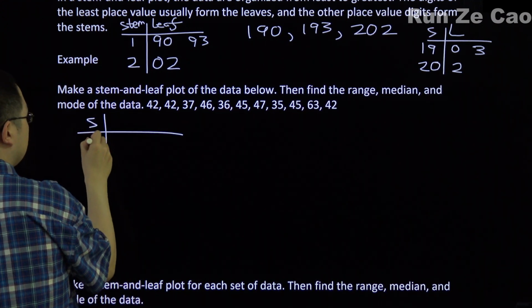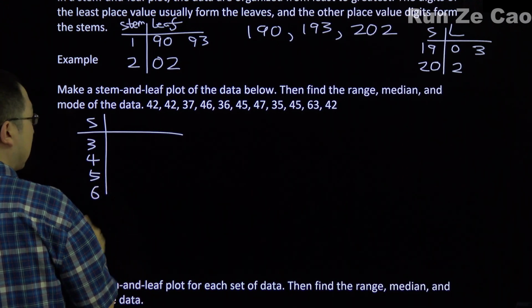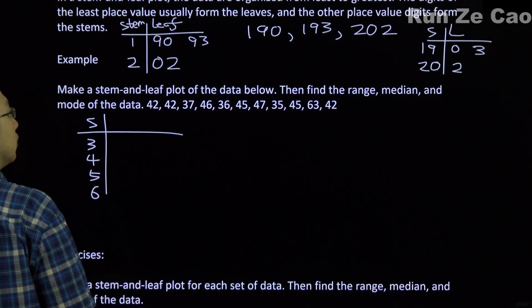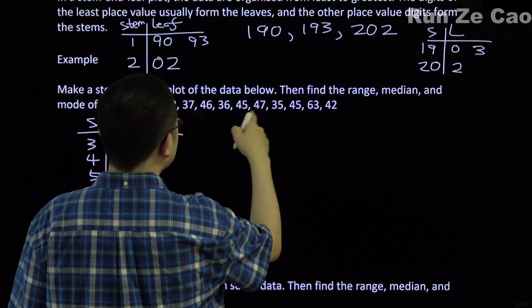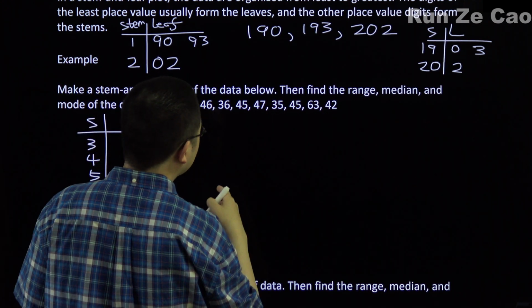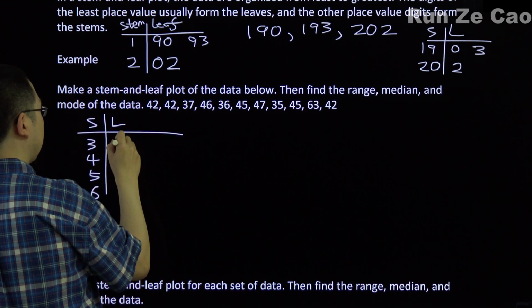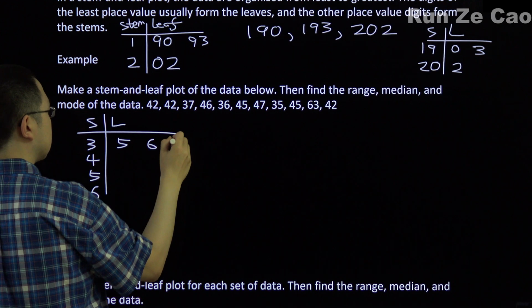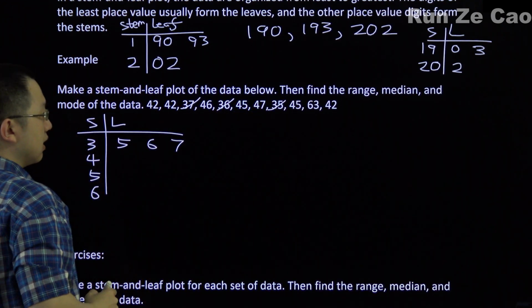So we got the 30s, the 40s, you got to put in the 50s, even though there's nothing there, and the 60s. So, 30s, we got 35, 36, 37. Do we have anything less than 35? No.